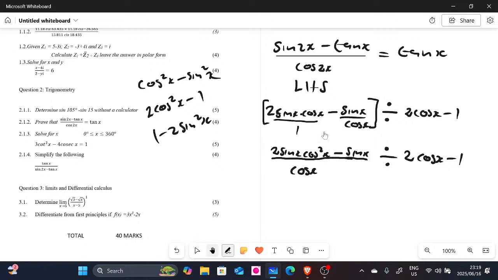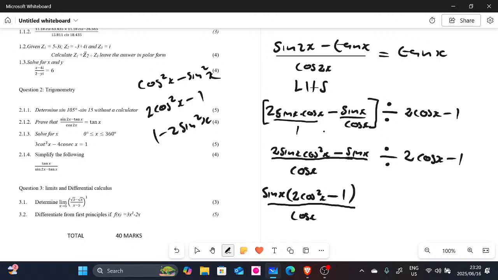Now, let's look at the numerator here. We have a common factor on this numerator, and if you pay attention, our common factor is sine. So if we take out sine x, we'll be left with 2 cos squared x minus 1 on the other side, divided by cos x.